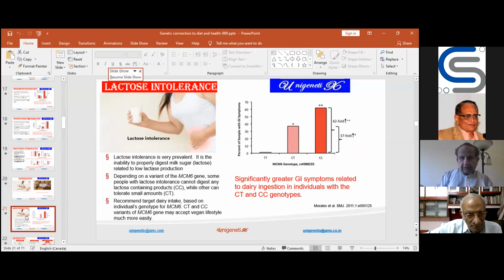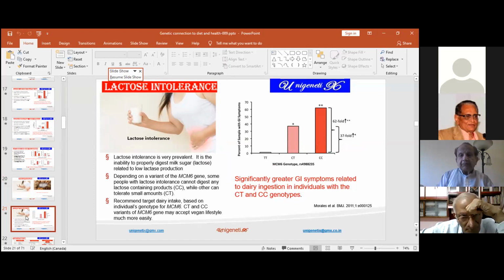It's very prevalent in the West here, and it's based on the CC variant or CT genotypes of the MCM6 gene. So the MCM6 gene will be reported, and if it is reported with a CT genotype or a CC genotype, then on the right you can see how much more likely the person is to become lactose intolerant.